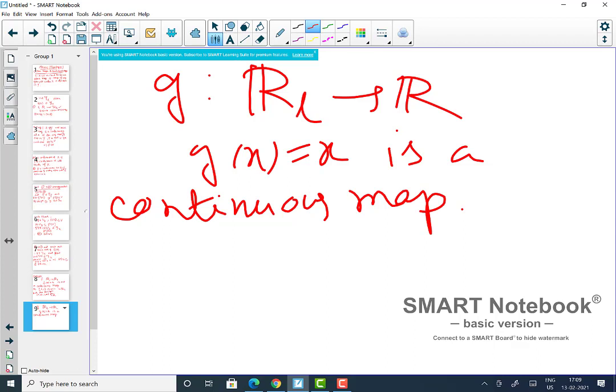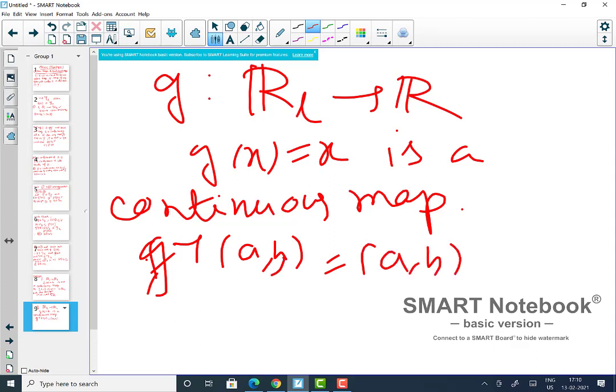One more thing I should say: if you know the basis here, then it is enough to check that the pullback of a basis element is open. For example, g inverse of any open interval is nothing but that same interval, because it is the identity map, and this is also open in R_l. Okay, so this is actually a continuous map.